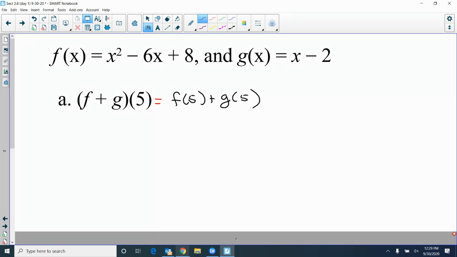Plug it in for both of them, and then we're going to add them together. So f of 5 is going to be 5 squared minus 6 times 5 plus 8, plus g of 5 is 5 minus 2. All right, see what you get. Dominic, you can let me know.